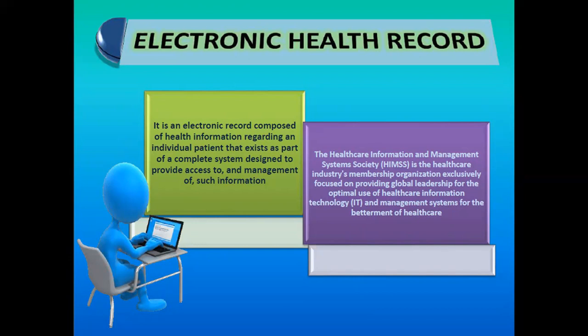Now, the Healthcare Information and Management Systems Society, or HIMSS, is the healthcare industry membership organization exclusively focused on providing global leadership for the optimal use of healthcare information technology and management systems for the betterment of healthcare.